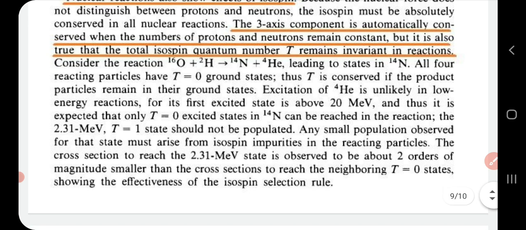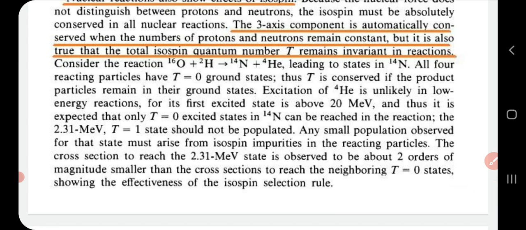So in this case, the excitation of helium is not possible in low energy reactions. So it is expected that only T equal to 0 excited states can be reached in the case of nitrogen 14. The T equal to 1 state should not be populated.